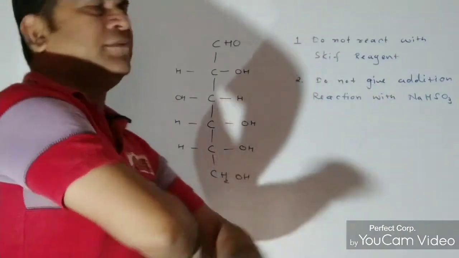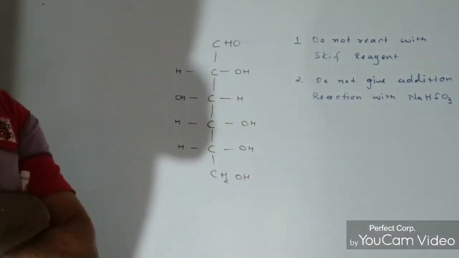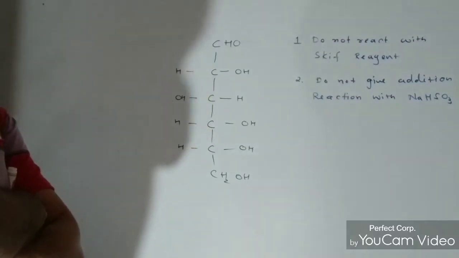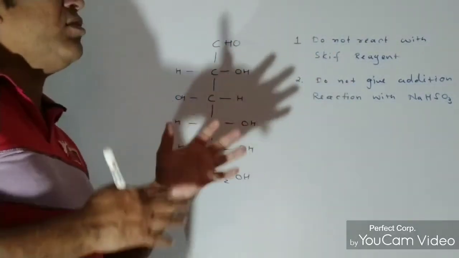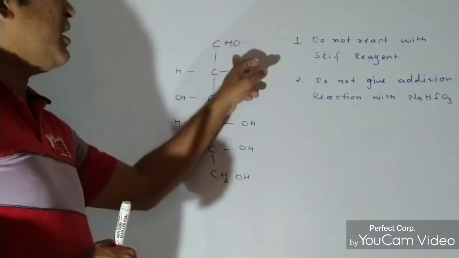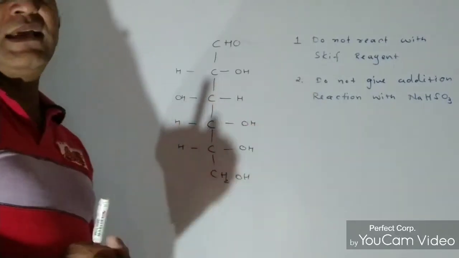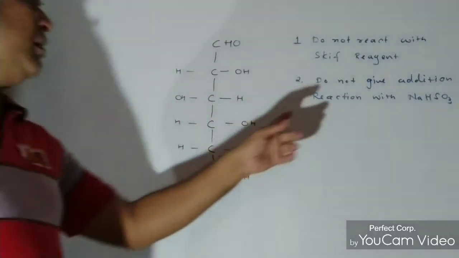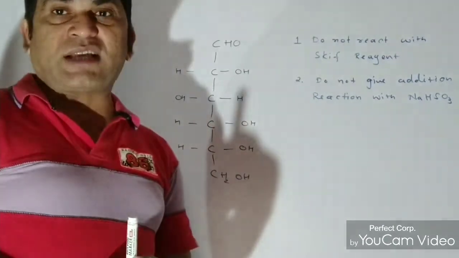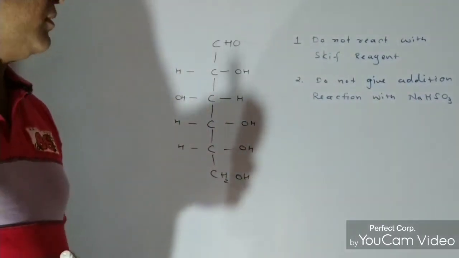Here we are not getting that addition reaction. That is the second problem. So the question arises whether there is an aldehyde or not. Because if it is an aldehyde, it should react with Schiff reagent, and it must give the addition reaction with NaHSO3.